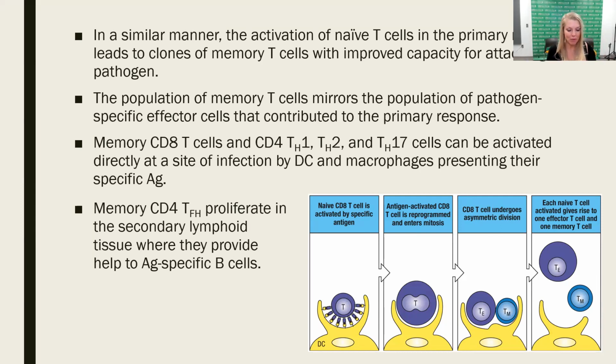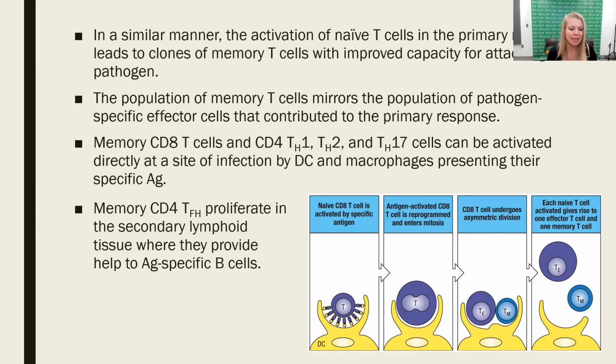This means that memory T cells are going to include CD8 positive T cells. There's also going to be memory T cells of all the different effector helper cells. So helper 1, helper 2, helper 17.